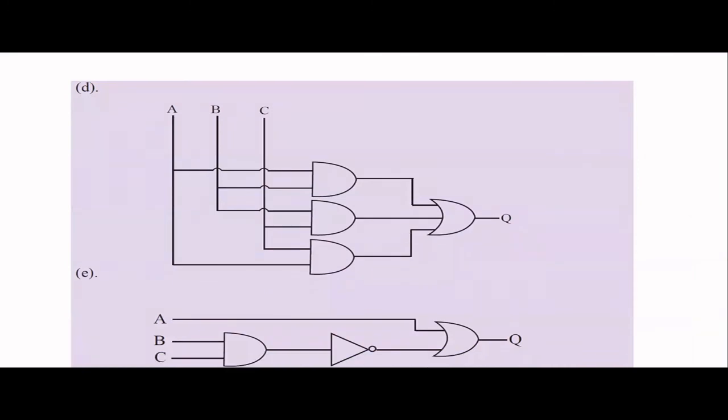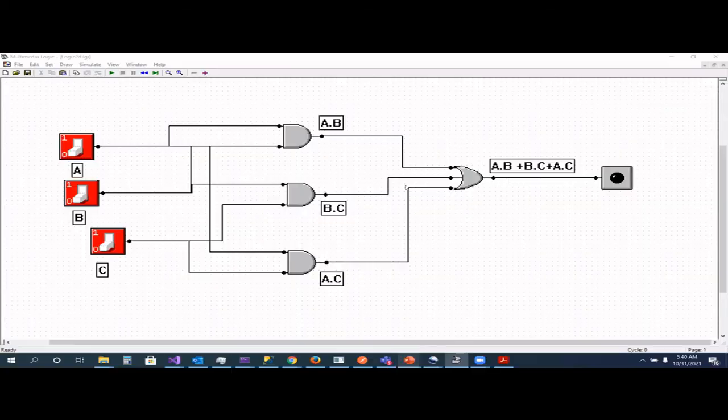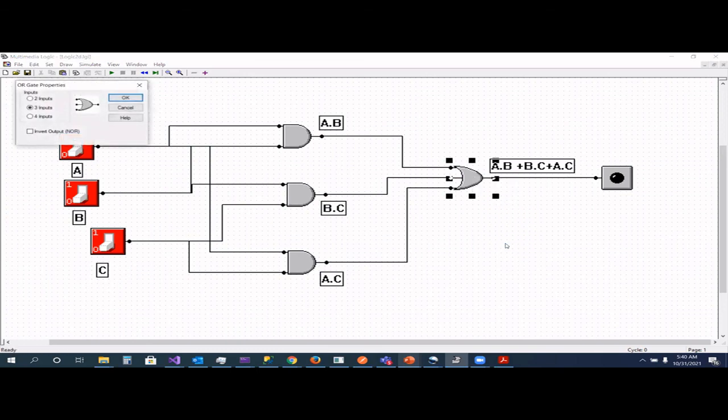Here let me show you a small thing when you're drawing the circuit. Can you see in this one, there are 3 inputs. So some students may feel it's hard to draw this. You right click on it and there's something called properties.